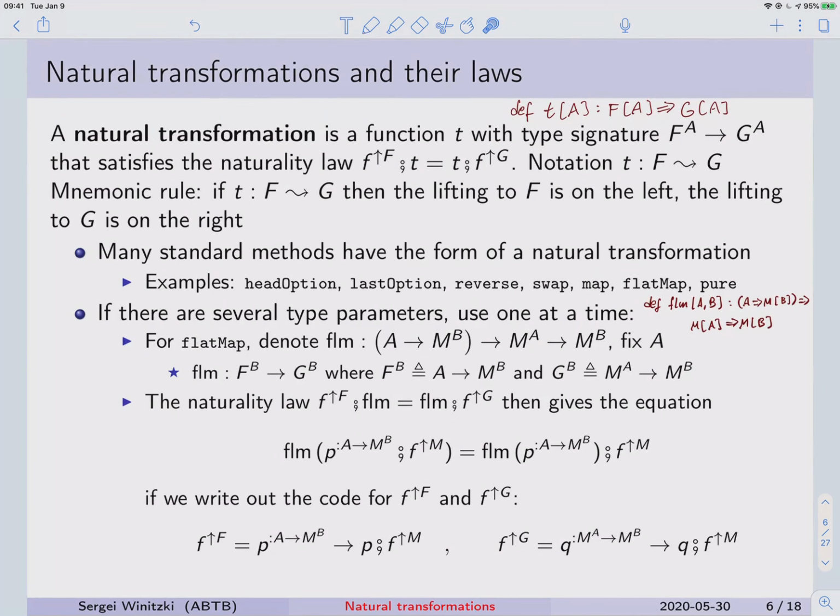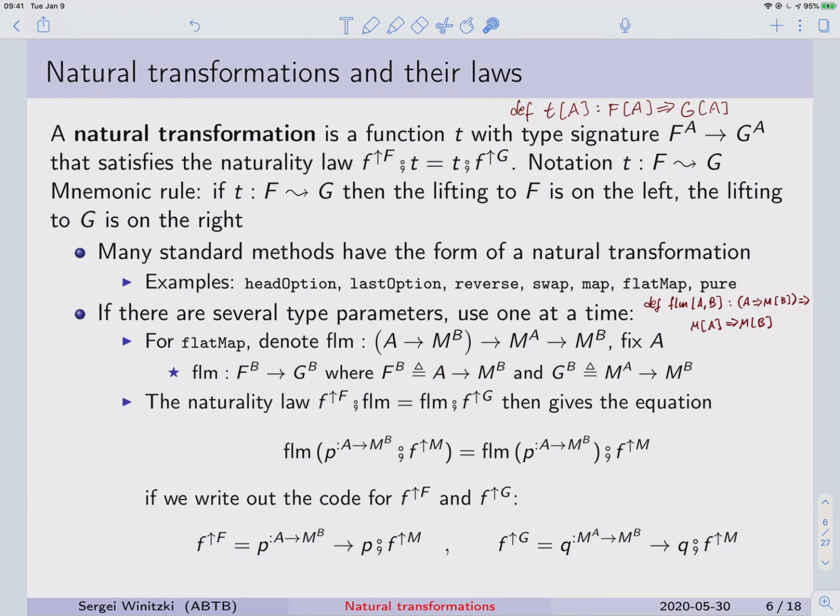So let's fix the type parameter A and consider B as the free type parameter. And then this type signature looks like some FB to GB, where FB is defined like this and GB is defined like that.